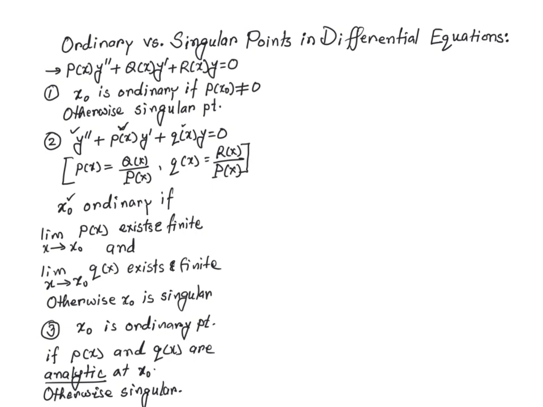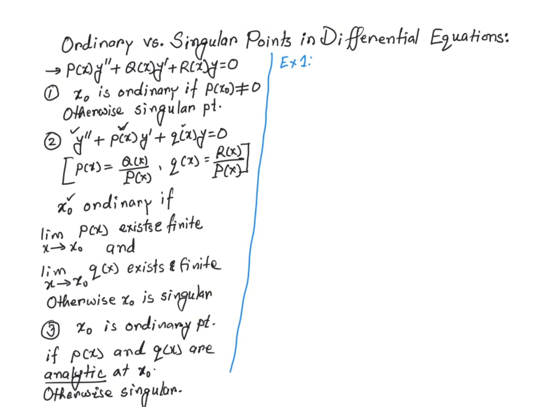So these are the three different ways you can define ordinary versus singular points. And now let me give you a few examples. Let's go ahead and give you the easiest example. So let's say example 1. It's not a differential equation.